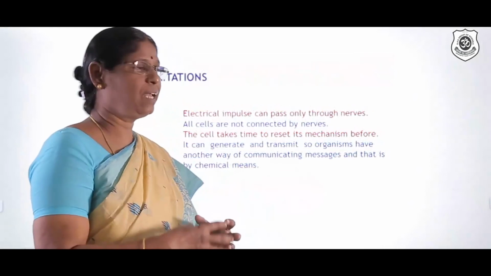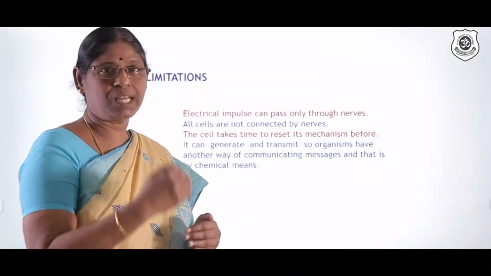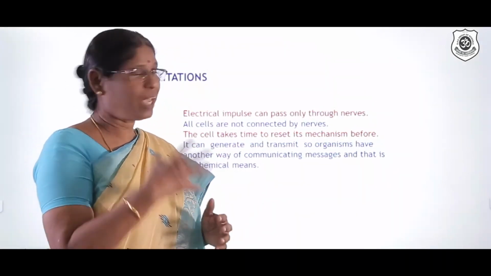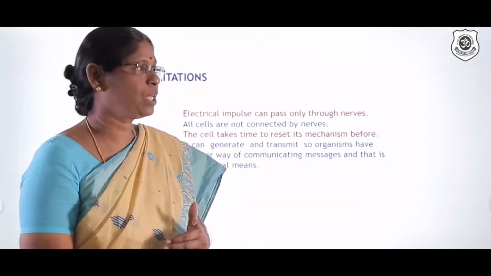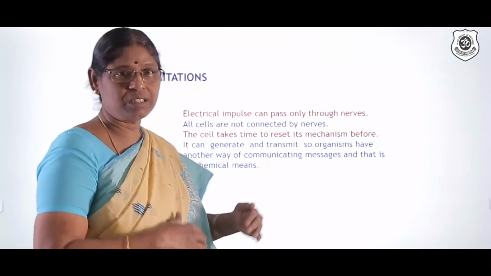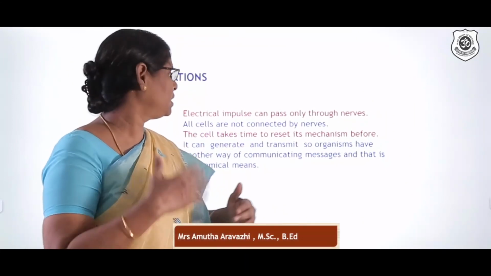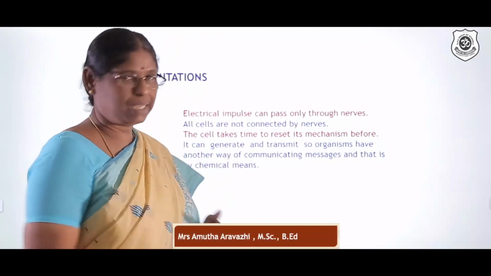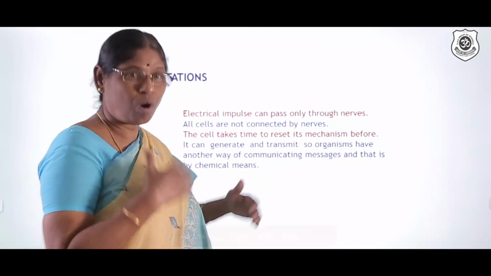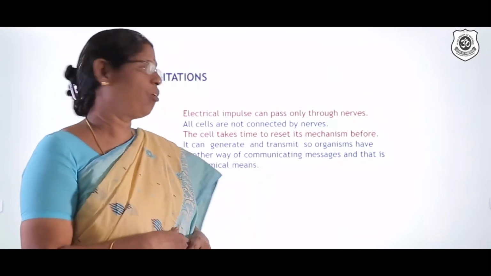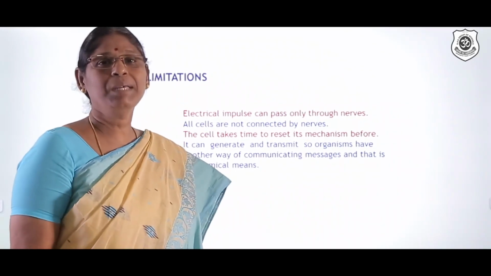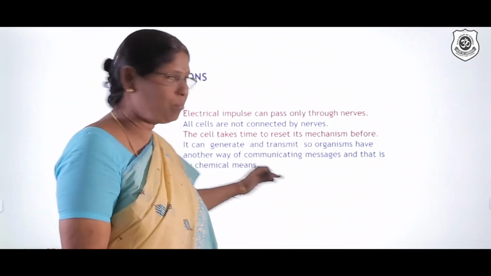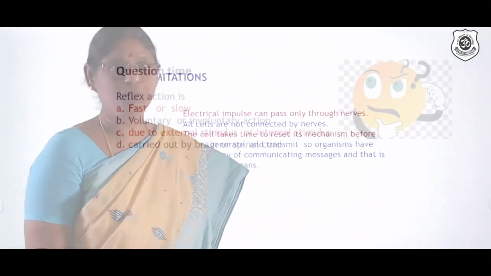So whenever electrical impulse reaches another cell where the nerve is not there, then it has to change to chemical impulse. So for that it has to reset its mechanism, and it will take some time. So organisms also have another way of conveying the message, and that is what we call chemical means. About the chemical means you will be studying in the next module.